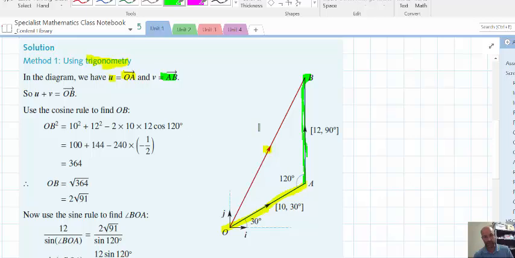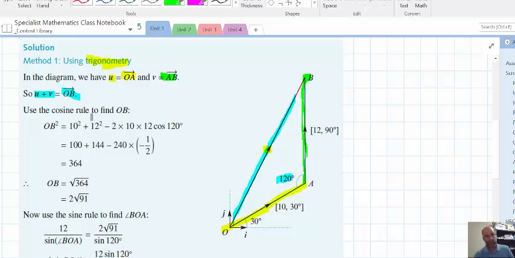Okay, so we've got that there, and they are head to tail, and we want to find the resultant. So if we're finding the sum of the two vectors, we're trying to find u plus v. So that would be OA to AB, and OA plus AB is OB. So that's the resultant.